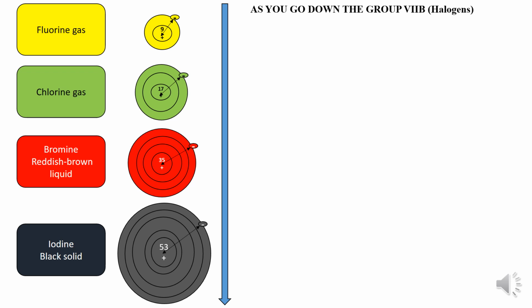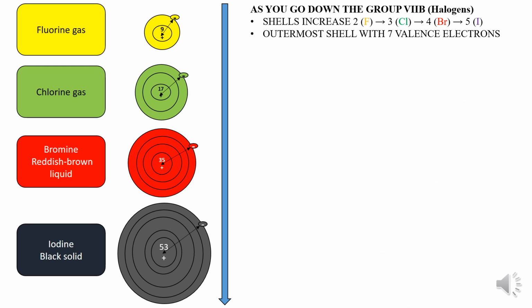Now going down the seventh group, you see the number of shells increase. Fluorine has 2 shells, chlorine has 3 shells, bromine has 4 shells, while iodine has 5 shells. So as you go down the group, there is an increase in the number of shells.